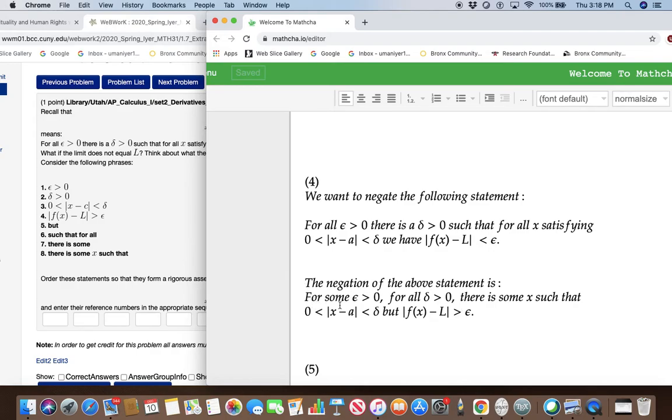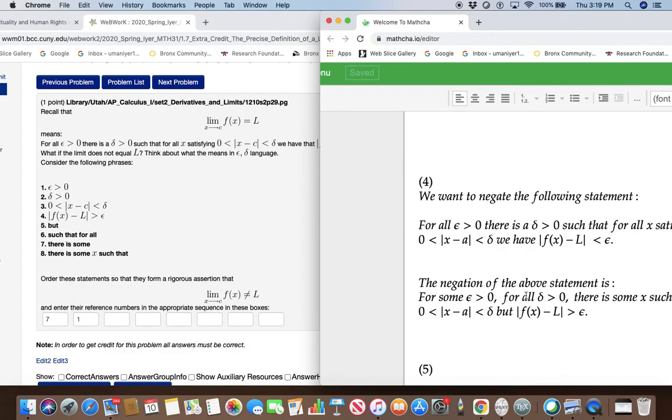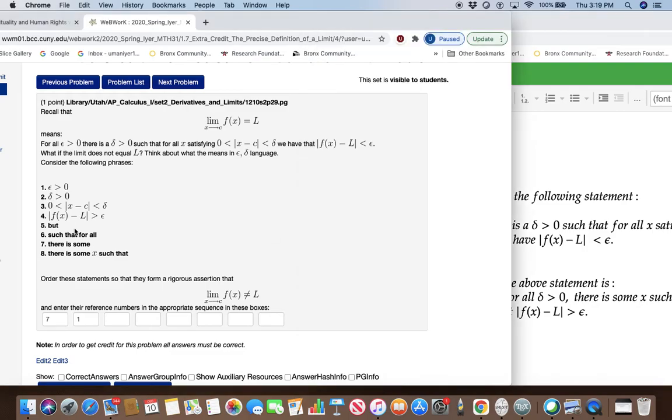So notice I want to write this sentence. For some epsilon, there is some epsilon greater than 0. So the first entry is 7. What's the next? For all delta, 6. Delta greater than 0, 2.